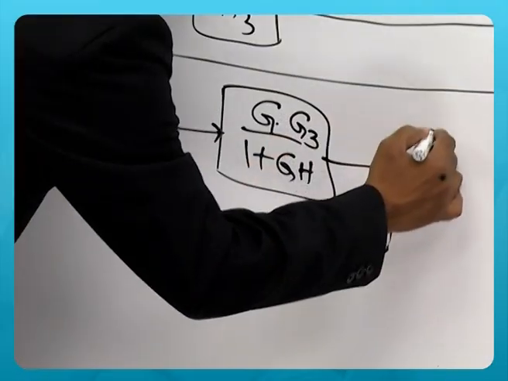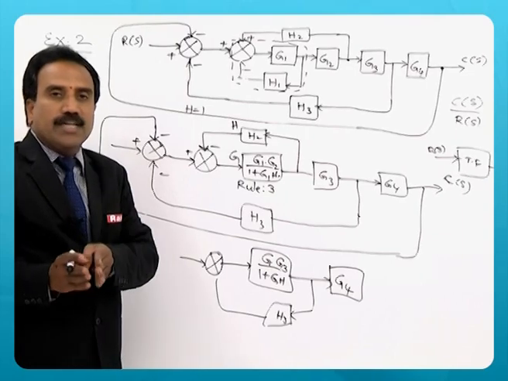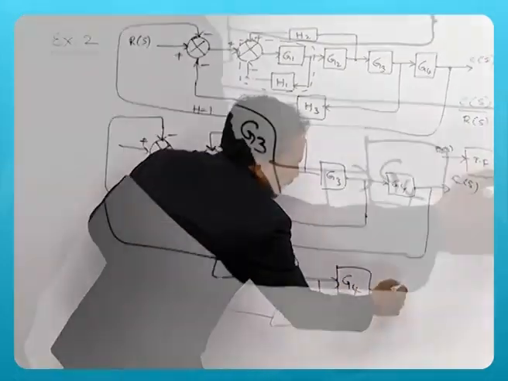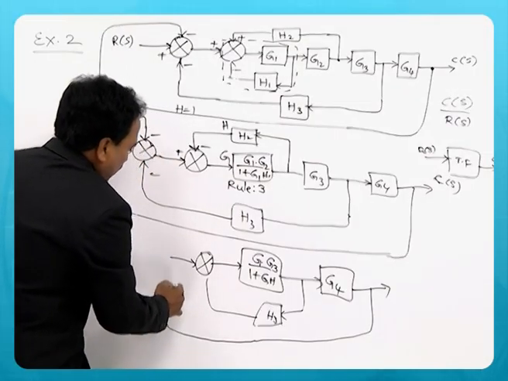Then once you eliminate, this G4 block comes into cascade to this resultant, and then finally you have only one unity feedback loop that is left over.